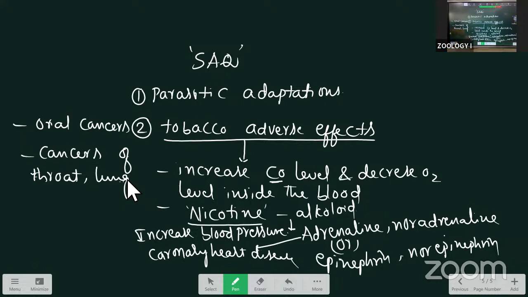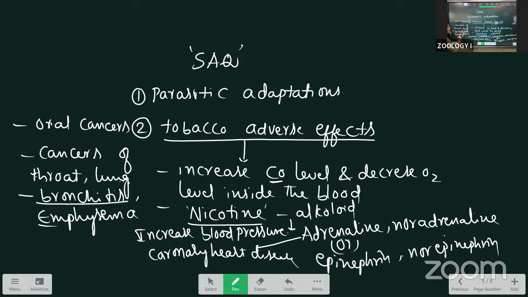That means tobacco is also mainly causing diseases like bronchitis and emphysema. These are the respiratory disorders. It mainly affects the lungs, causing respiratory diseases like bronchitis and emphysema.